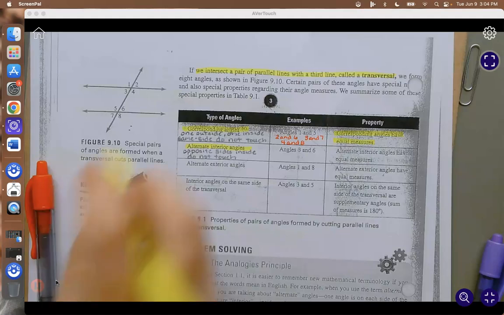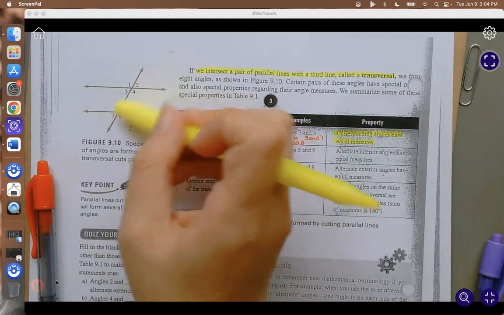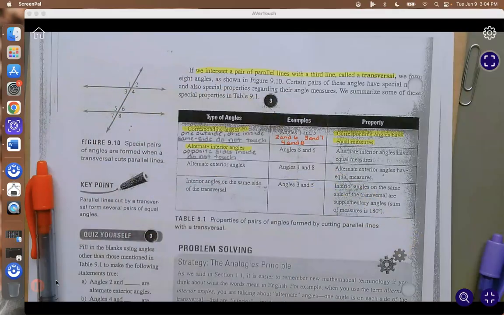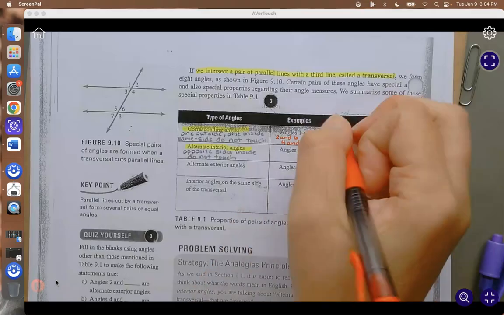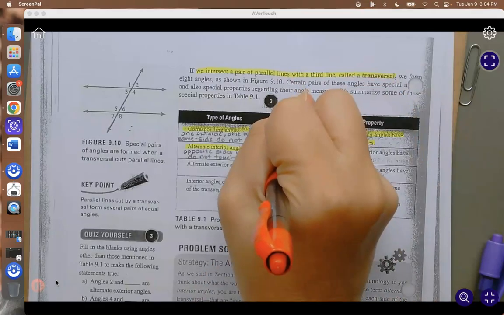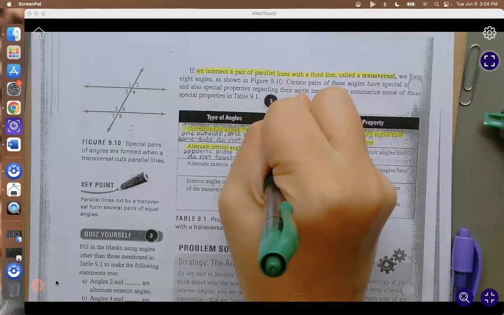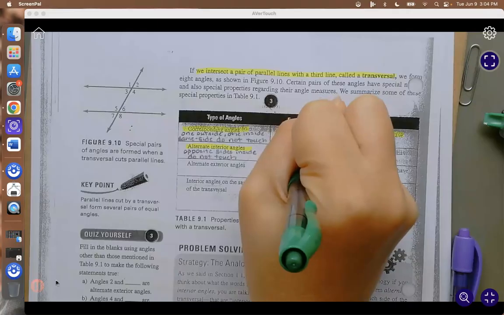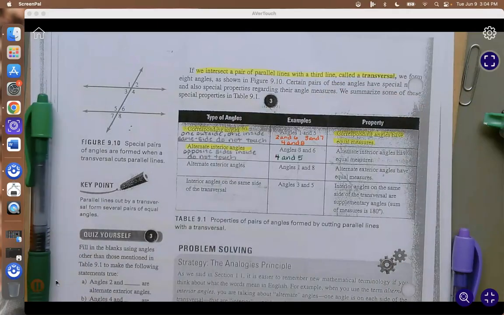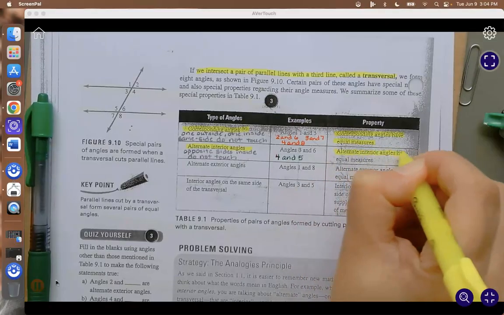Okay, so they're on opposite sides, inside, but don't touch. So that's going to be like 3 and 6. And then we can do, let's do this in green, 4 and 5. Alternate interior. And alternate interior angles are equal.